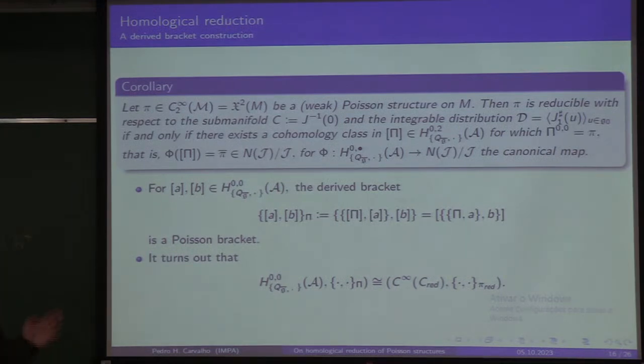Okay, so you see, there are two different things here. I have this function Q, and I have this guy. So it seems to be like two separate things, right? I'm first taking cohomology, and then I consider this pi. And the question is, can I put these two things together?